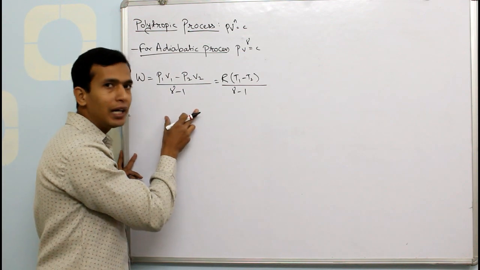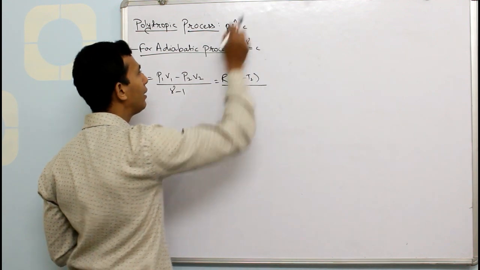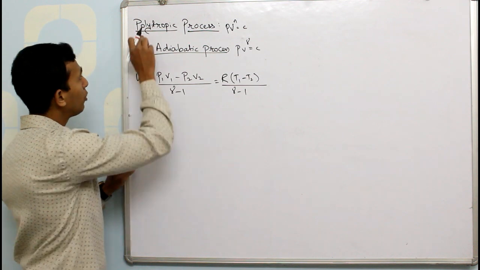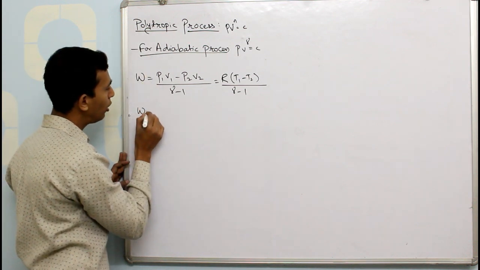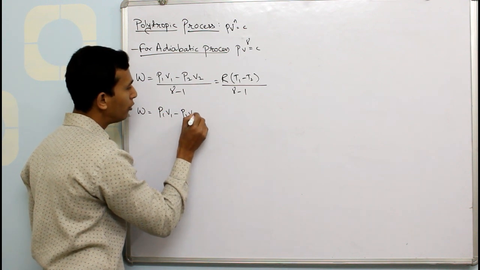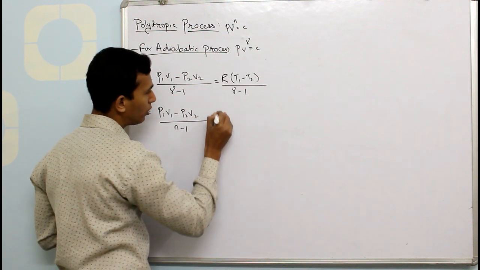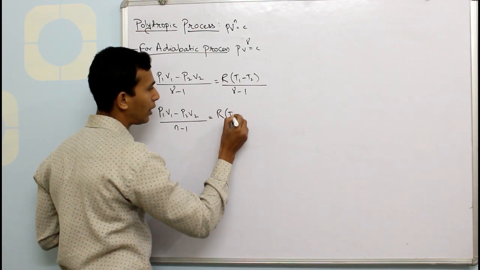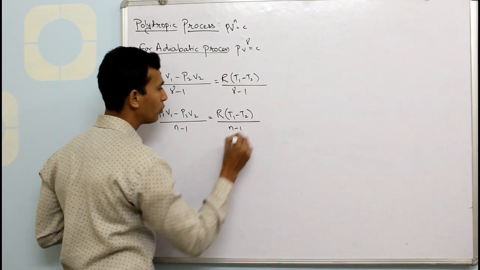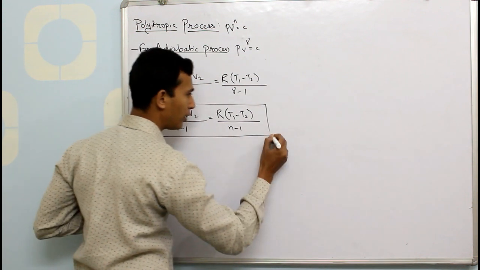Using the same derivation, same steps, if you replace gamma by n, then we can find out the value of W for a polytropic process, which will be obtained as P1V1 minus P2V2 divided by n minus 1, which is also written as R into bracket T1 minus T2 divided by n minus 1. So this is the amount of work done for a polytropic process.